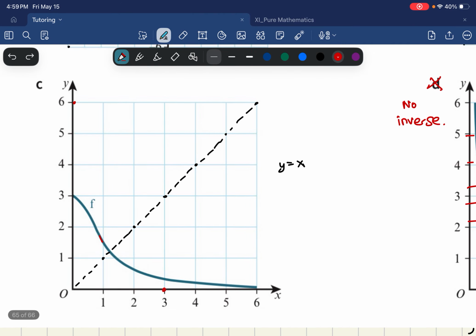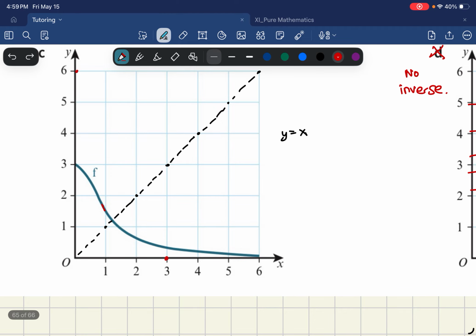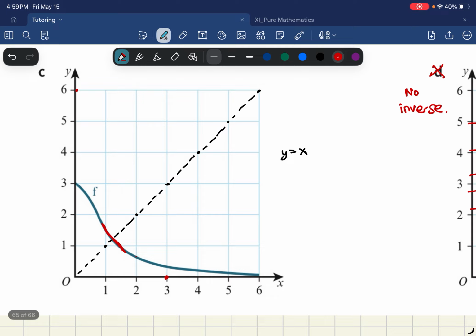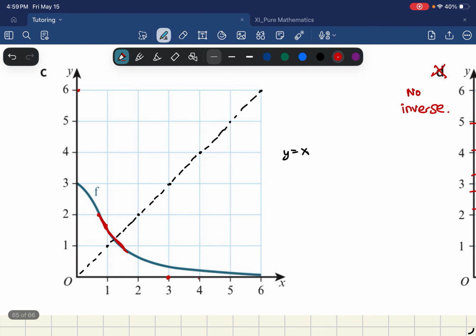Or you could just plot some more points. So these points are going to flip over and be exactly as they are. So you have 2 comma, let's say 0.6. So you go to 0.6-ish and you plot to 2. So this part is about the same. You have about 0.2 comma 4, so you're going up.